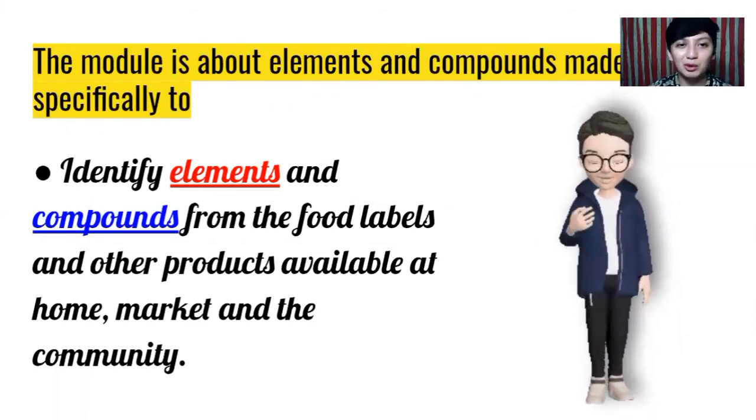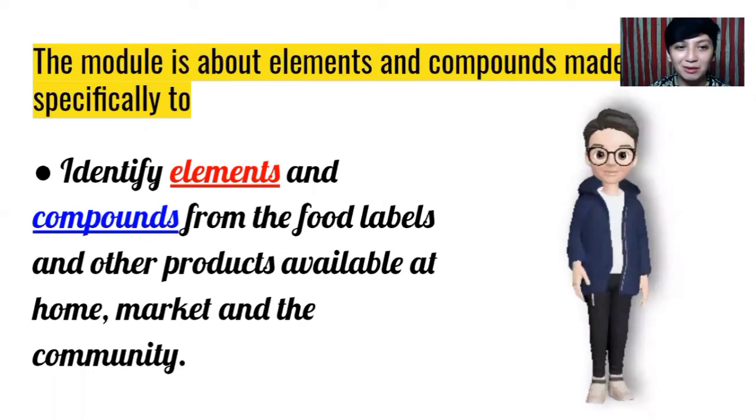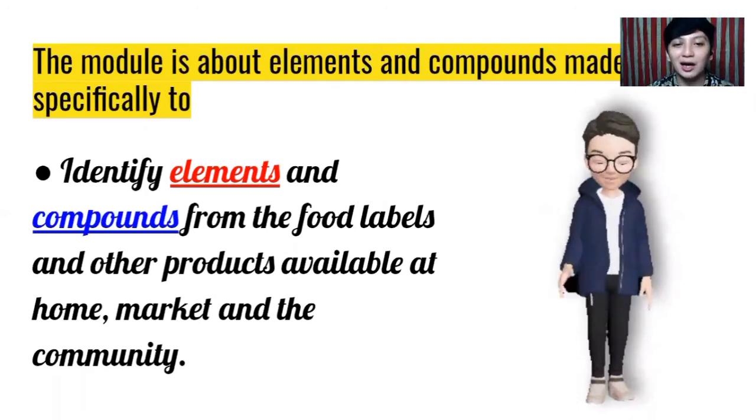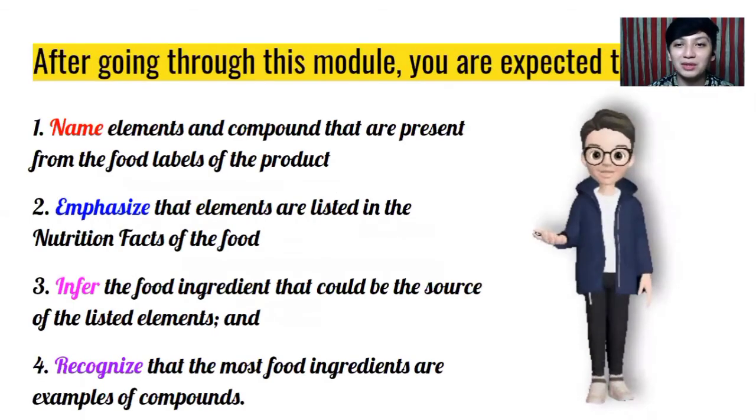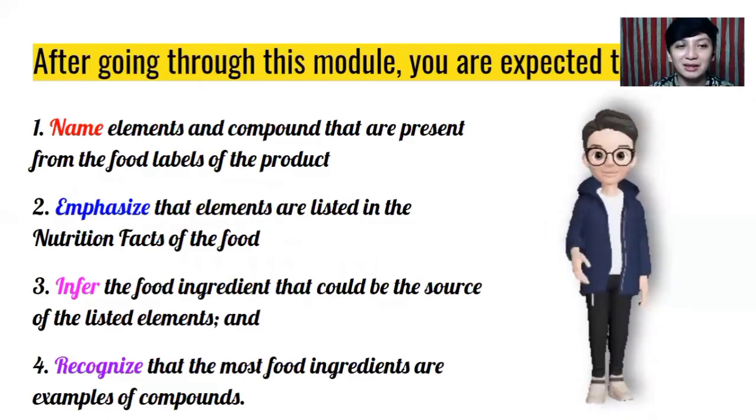This module is all about elements and compounds, made specifically to identify elements and compounds from the food labels and other products available at home, market, and your community. After going through this module, you are expected to, number one, name elements and compounds that are present in the food labels of the product.